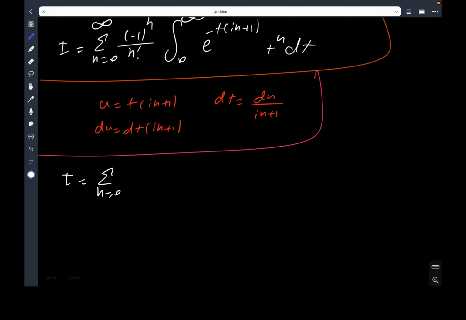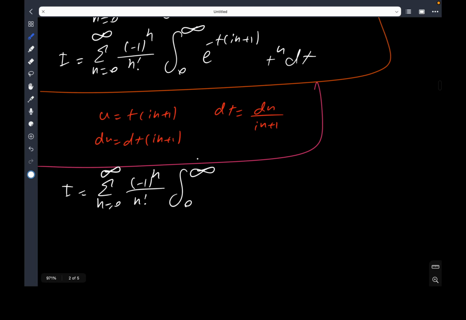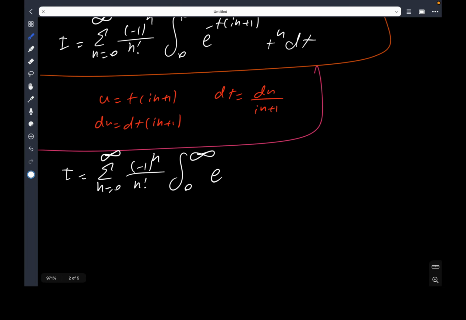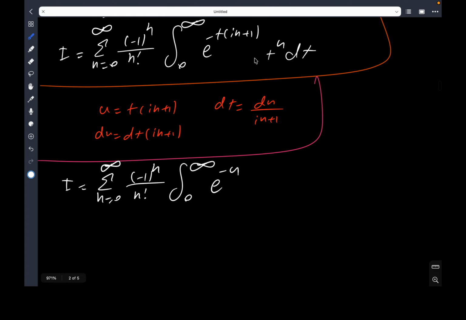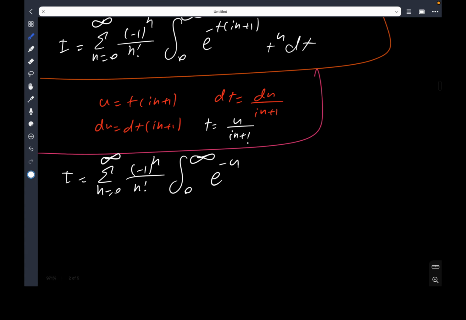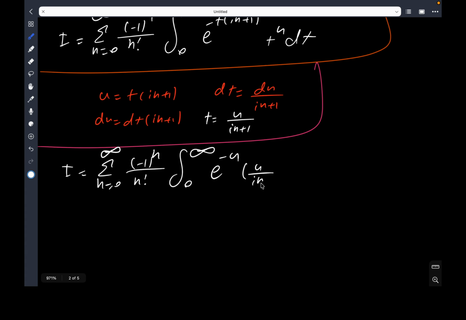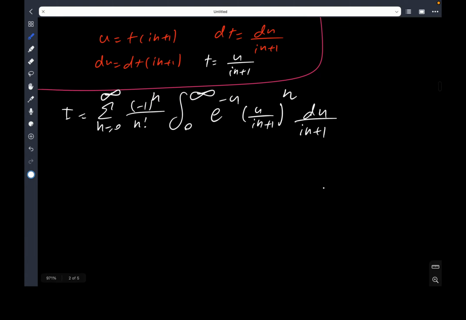So I'm going to do this substitution here. The infinite sum from 0 to infinity, negative 1 to the n over n factorial, the integral from 0 to infinity of e to the negative u, t to the n, my t is going to be u over (n plus 1), so u over (n plus 1) to the n, and dt is du over (n plus 1).